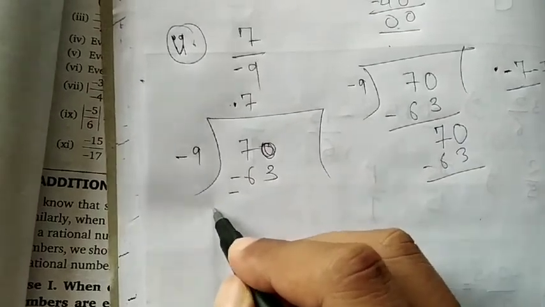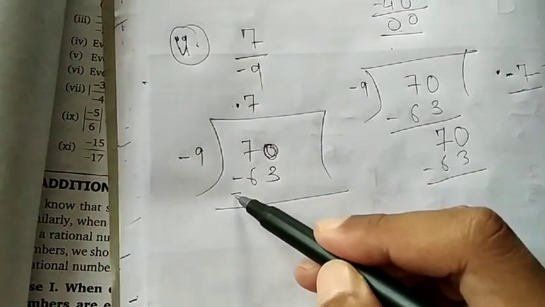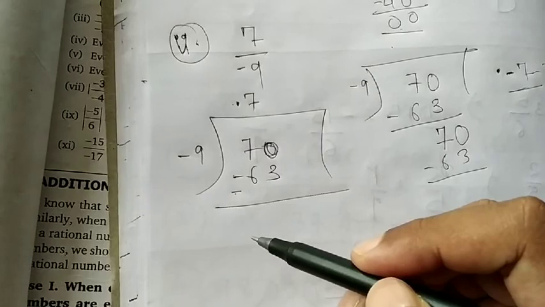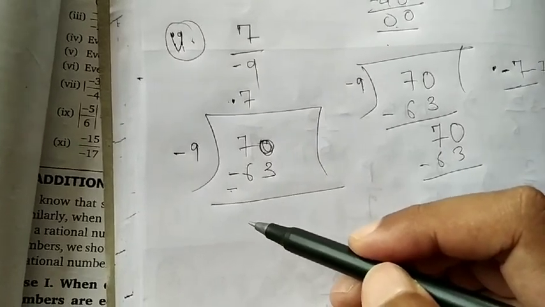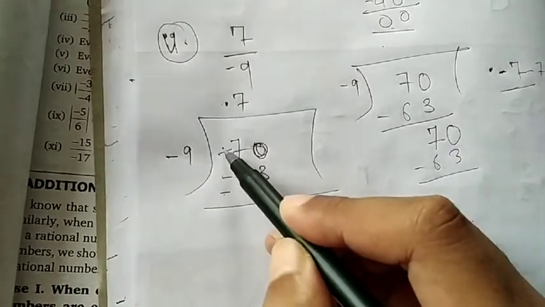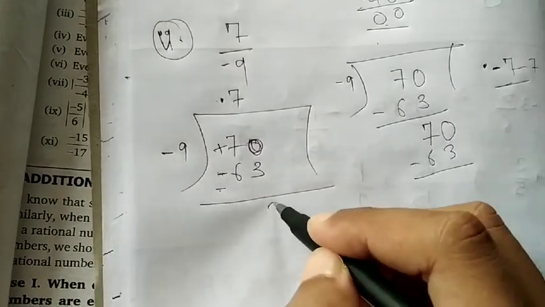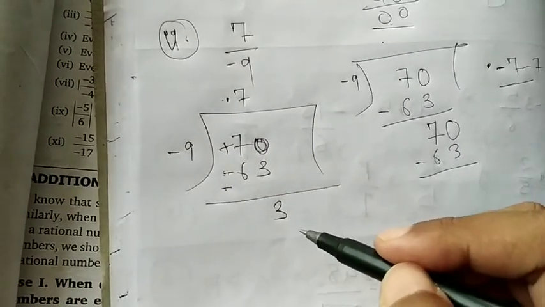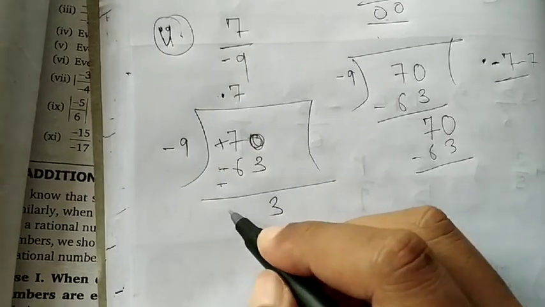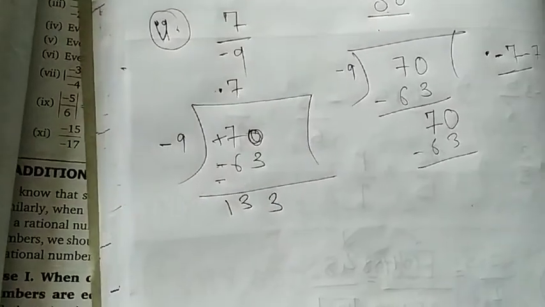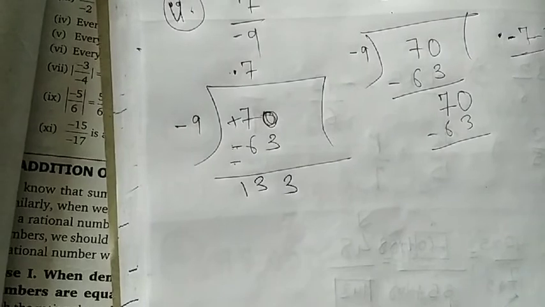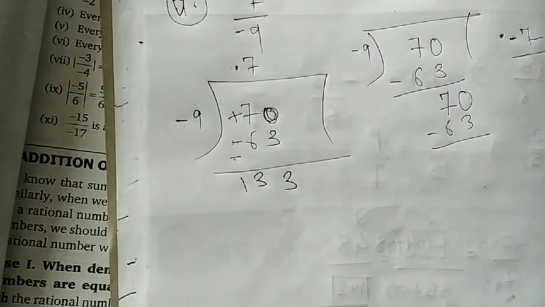I have to subtract it. Minus plus, this was plus minus plus. Let's add them now. 133. We got 133. Let's see if we can do further.